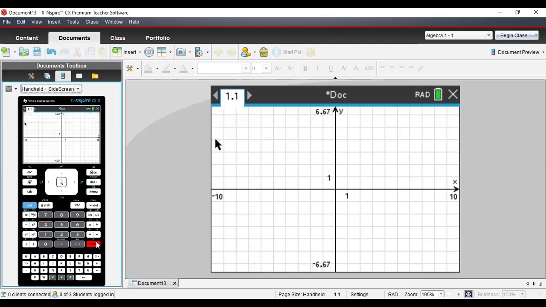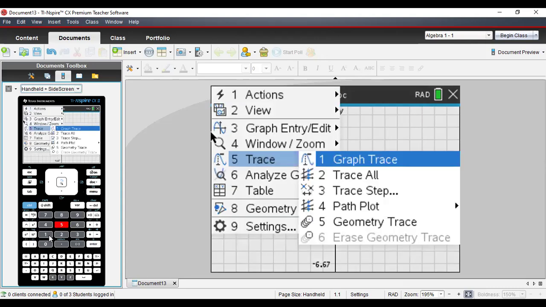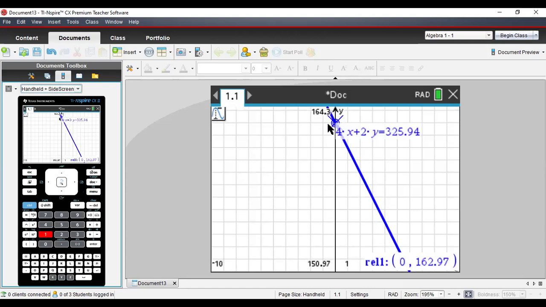And press enter. Now you don't see the graph because the amount of money is way up here. So if you do menu 51, it's going to take you to the line. So there it is. I'm going to probably zoom out, but for now, I'm going to do the second one. Boom.